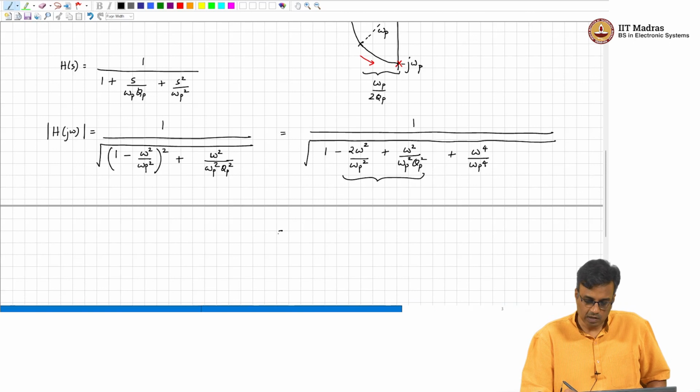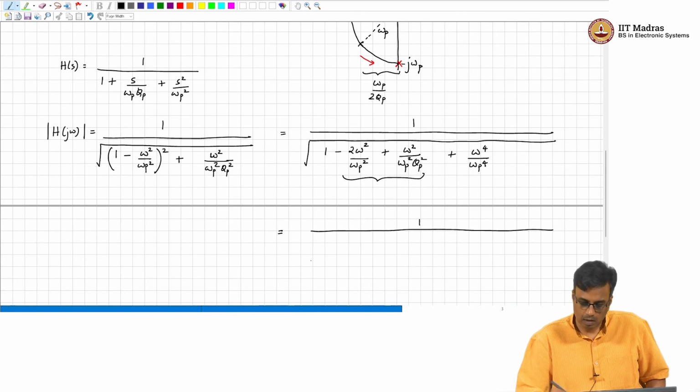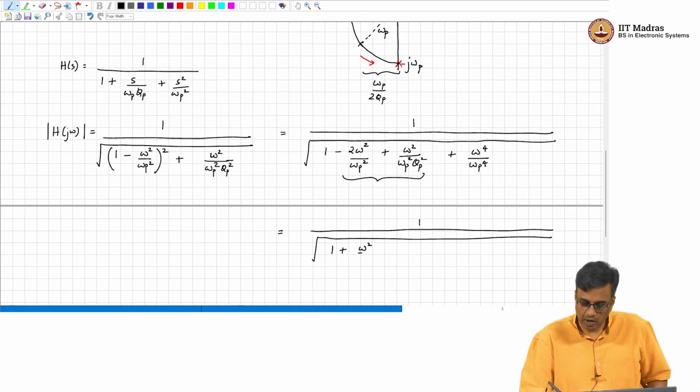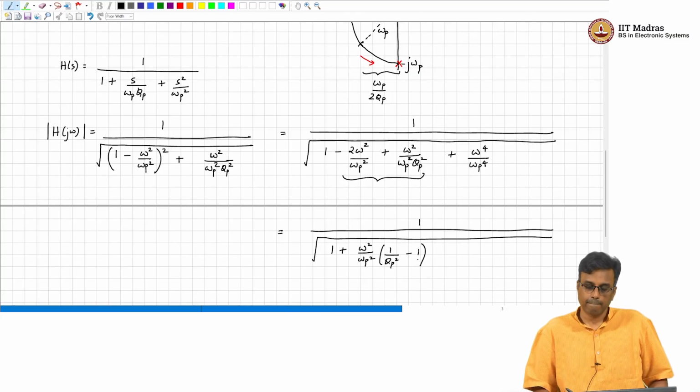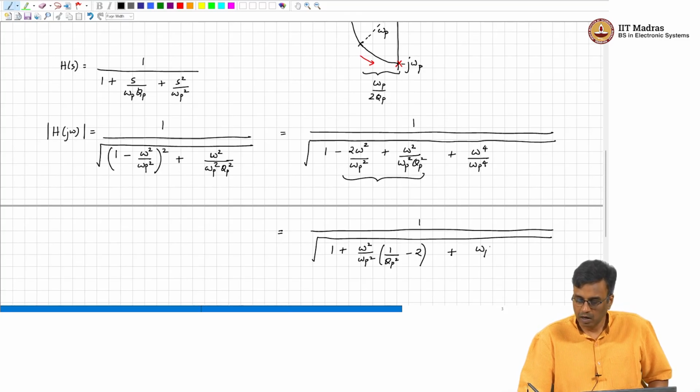I can combine these terms and write them as 1 plus omega square by omega p square times (1 over qp square minus 2) plus (omega by omega p) whole power 4.